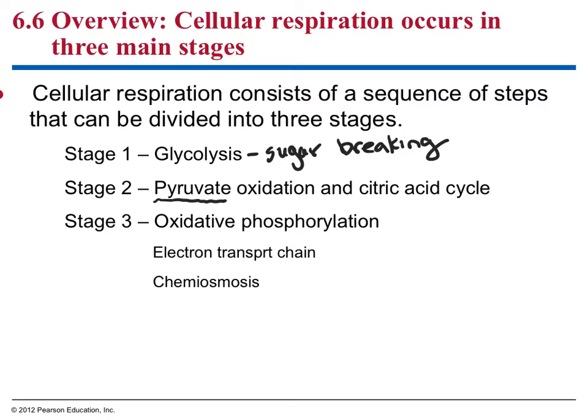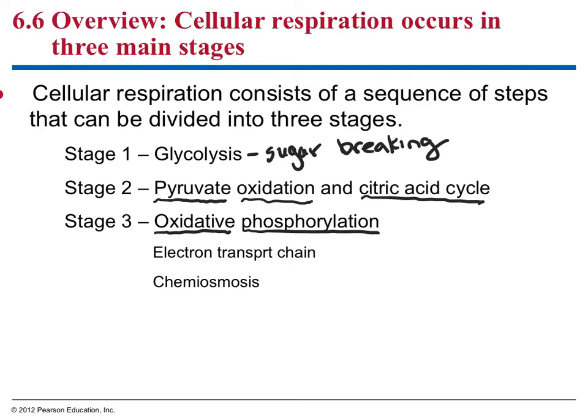So the second stage is called pyruvate oxidation. So you know that there's an oxidation reaction occurring. And then there's what we call the citric acid cycle. And then in stage 3, there is a process called oxidative phosphorylation.